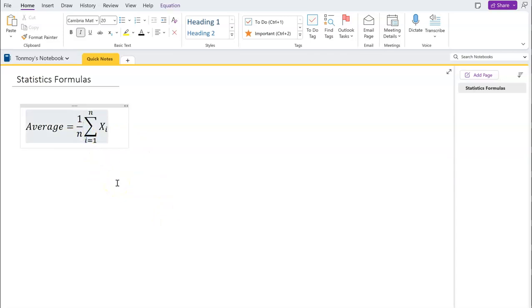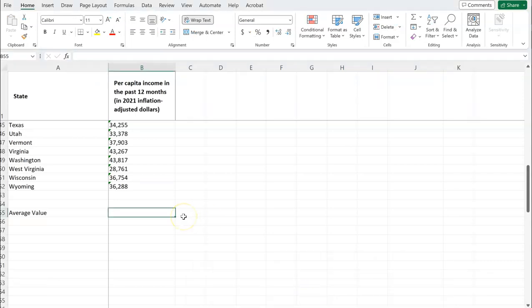Actually, with District of Columbia, I have 51 entries. So the subscript is telling us x1 would be the value of the first state that we have in the data. x2 would be the value of the second state. So we are adding all those from 1 till 51. And then first we add all those values, then we divide it by the total number of entries we have, which is 51.